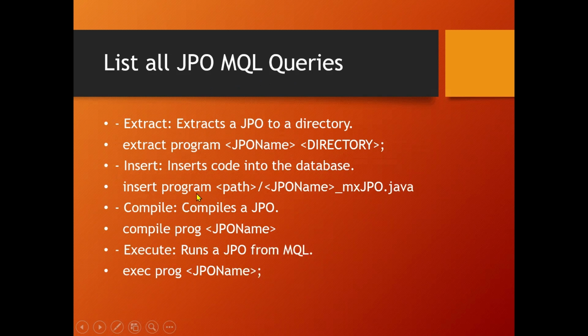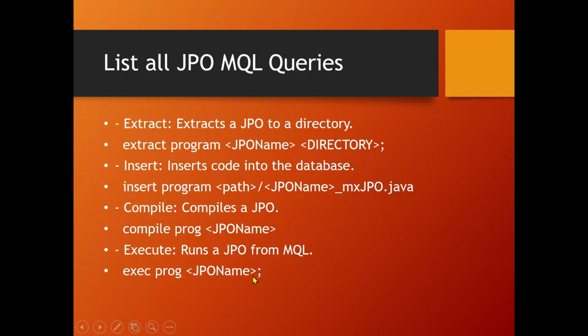So this is insert program, the path where that program is present, and the JPU name with MXJPU dot. This is the naming convention of the JPUs. And the compile program is to find if there are any errors. So compile program name. And if we want to execute a program, then we'll use this execute program JPU name.